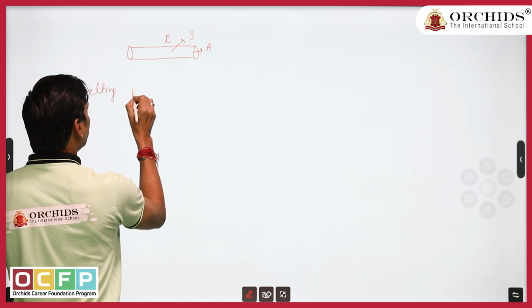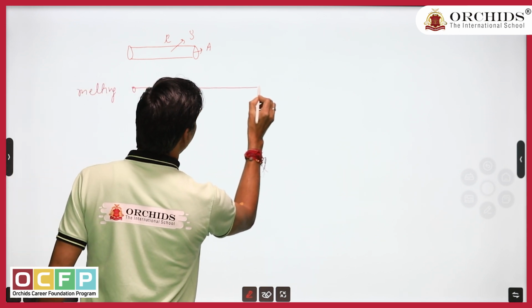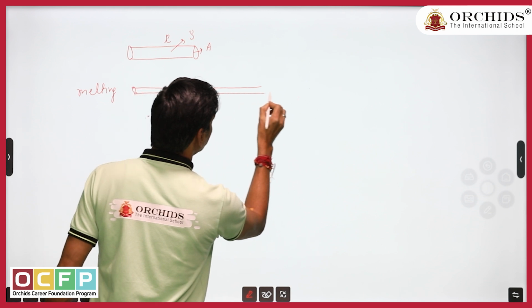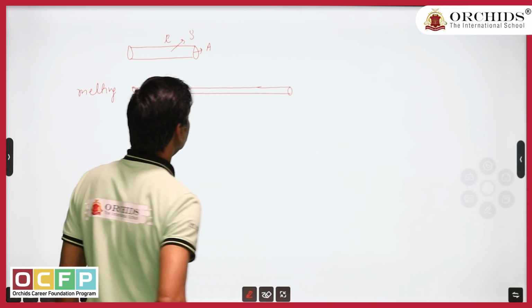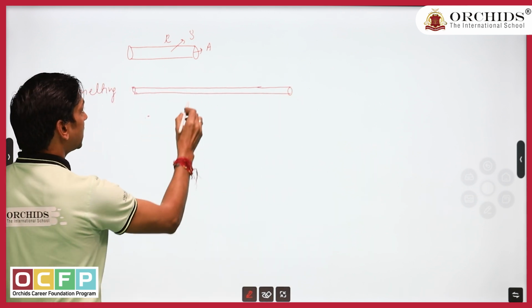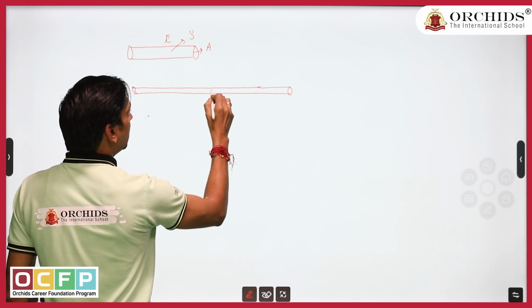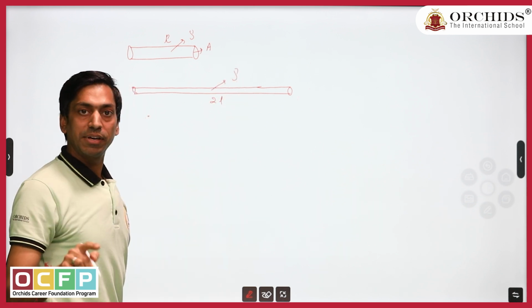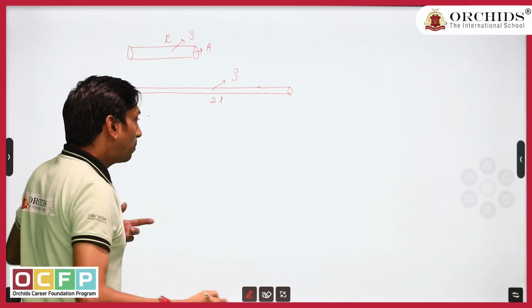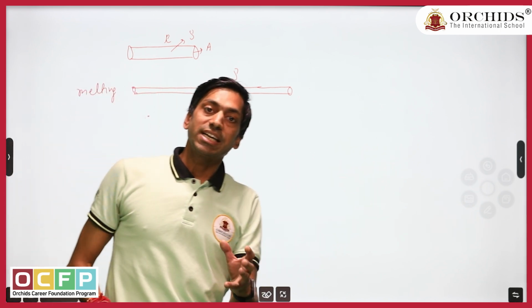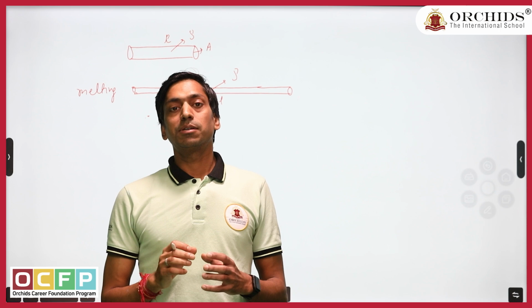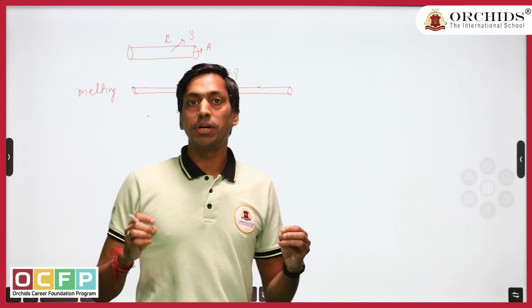Obviously the diameter of the wire is going to change. Why? Let's discuss that. By melting, we increase the length of the wire to 2L. But by melting, the material of the wire will remain the same, so resistivity will remain the same. But here we are taking one assumption: the volume of the wire is not going to change.